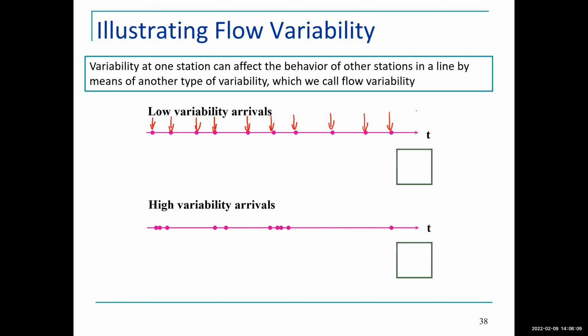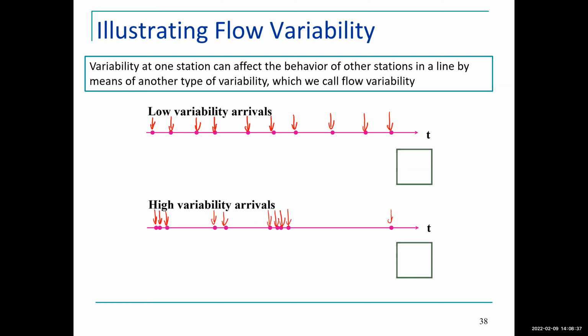But you see that even though the inter-arrival time is not the same, they follow a space in between. And then when we look at the high variability arrivals, you have several entities arriving at the same time, and then you have a space with no arrivals, then a couple come in, some space without arrivals, then a group of them arriving, and then a long space in between, and then another arrival. So the spread is not balanced.